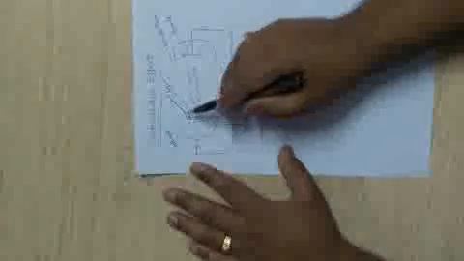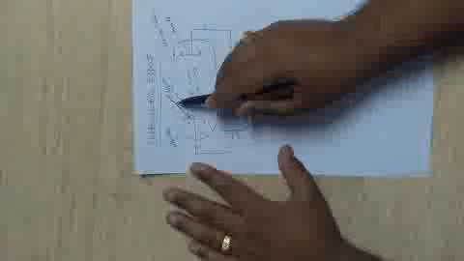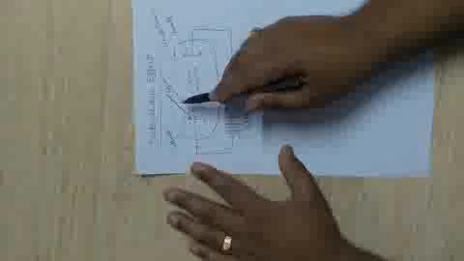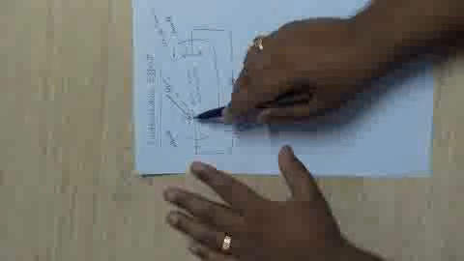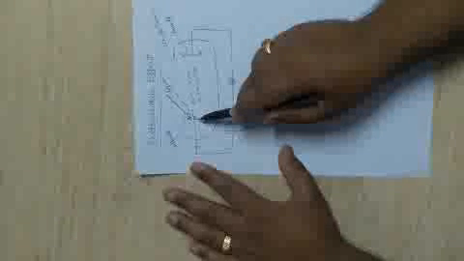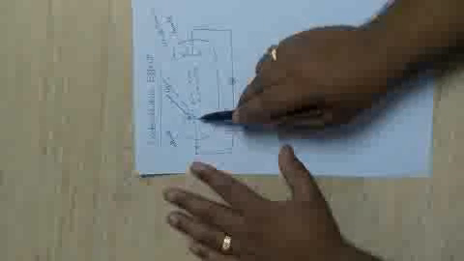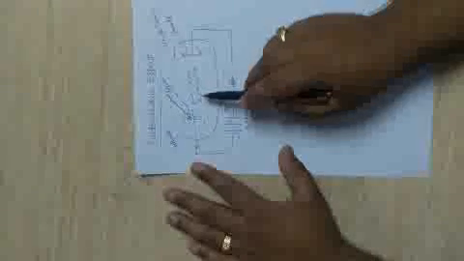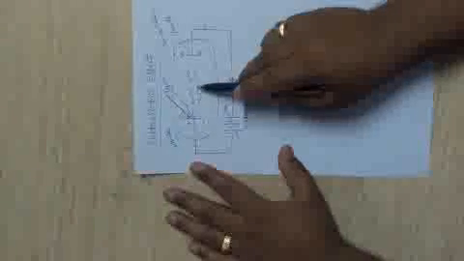photoelectric effect. When light is incident on the metal surface, then the photons in the light, because we know light is made up of photons, interact with the electrons, or we can say that they collide with the electrons, and they provide energy to the electrons, and electrons are emitted.